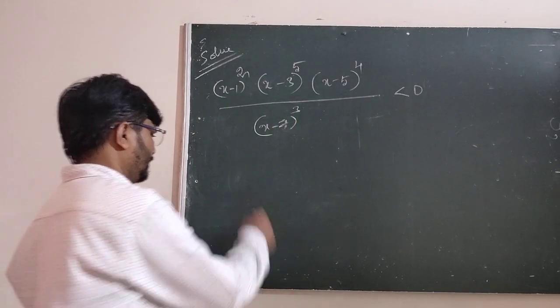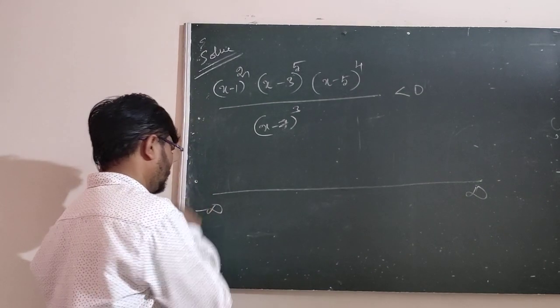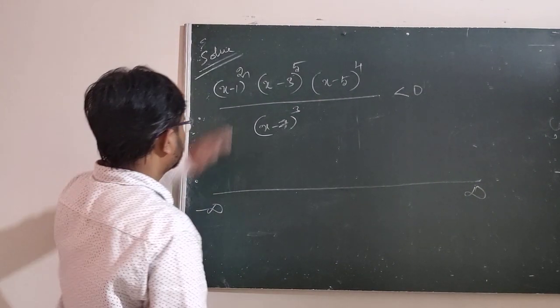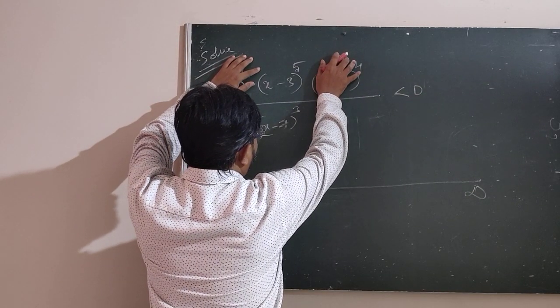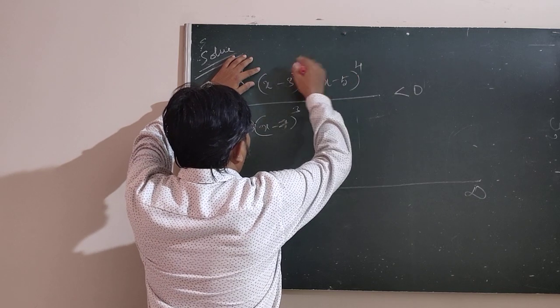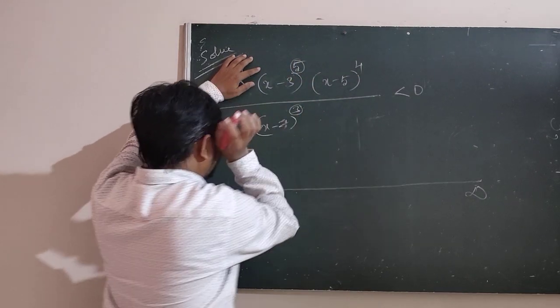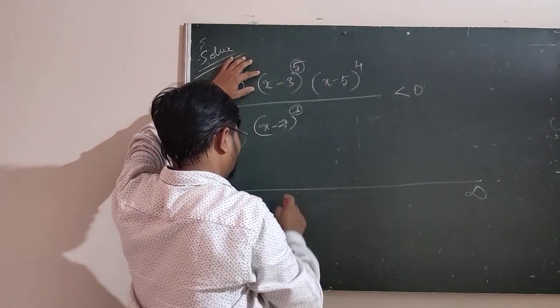So first you draw the number line, minus infinity to infinity. Here what are the even indices? This one and this one. Keep this one. So now we take only the odd powers, here 3 and 5 and 7. So we are equating the odd powers, x minus 3 equal to 0.